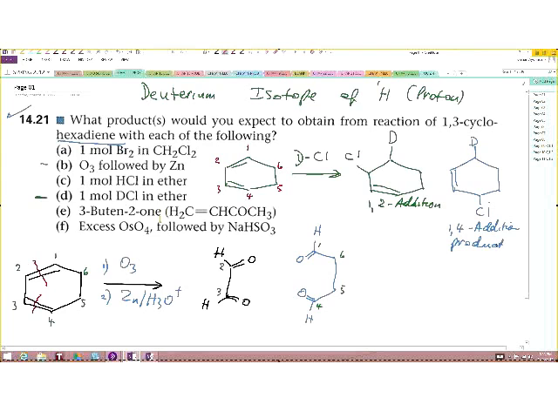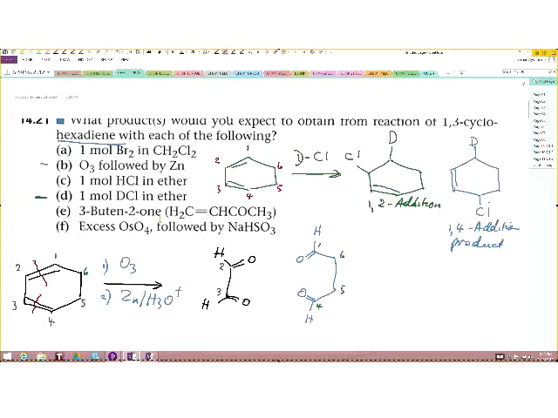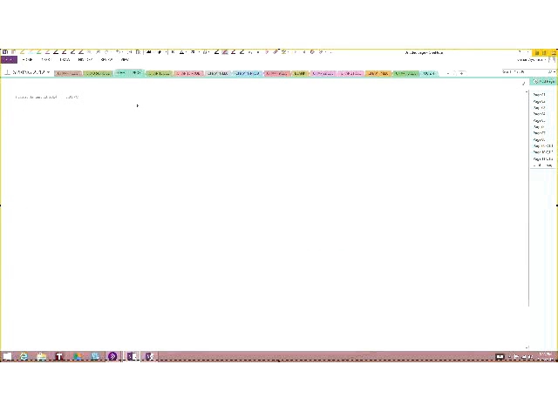Now before we leave this, there are a couple other features of the Diels-Alder reaction I want to introduce to you. This is more on the Diels-Alder reaction.